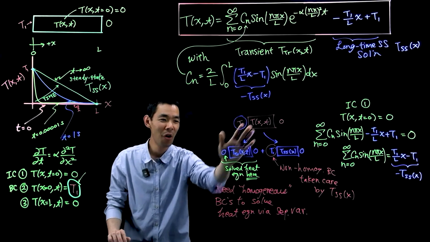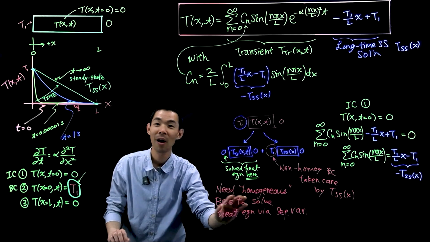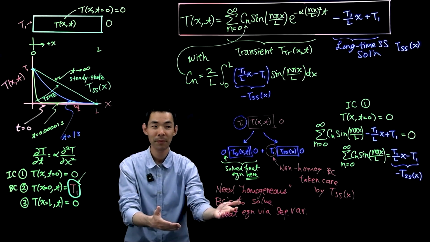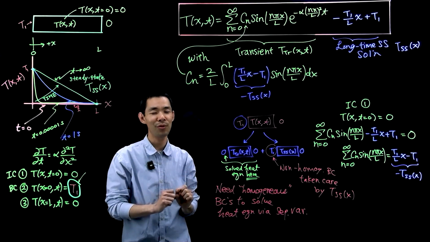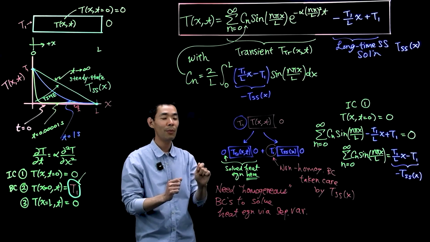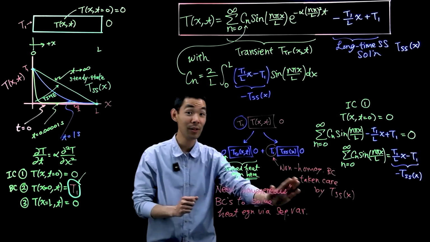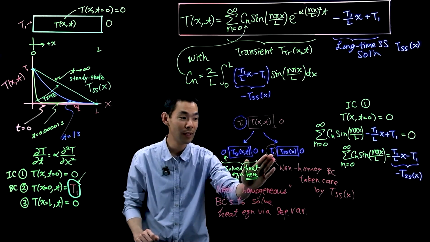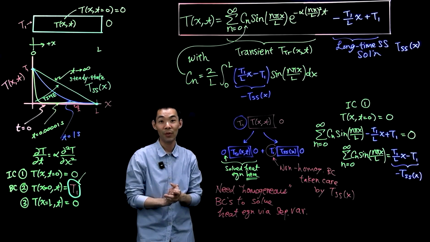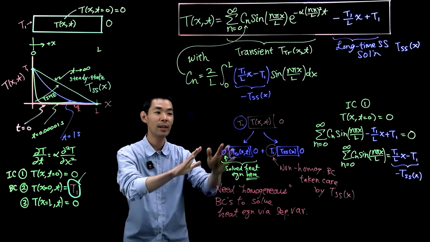We're solving the homogeneous solution on homogeneous boundary conditions using separation of variables. And we're finding a particular solution, sort of. Again, loose analogy, but it's there. We're taking care of the non-homogeneous term or non-homogeneous boundary condition by solving a separate problem for the steady state profile. So this is incredibly important.